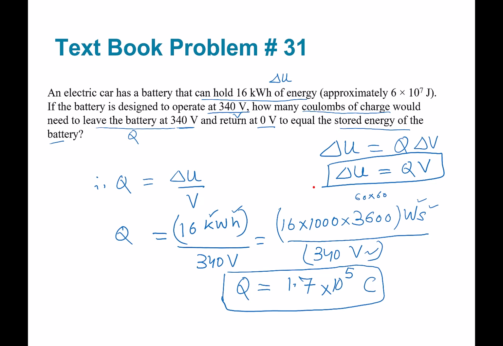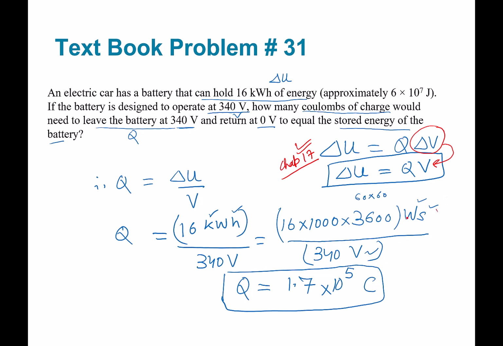And in the same way, you can look into problem number 31. There's an electrical car that has a battery of 16 kilowatt hours of energy, and you have to find how many coulombs of charge would need to leave the battery. So basically, we are again using the chapter 17 formula between delta U, Q, and delta V, where, as we just mentioned, delta V can simply be written as V. So go ahead and substitute the values and rearrange the terms.